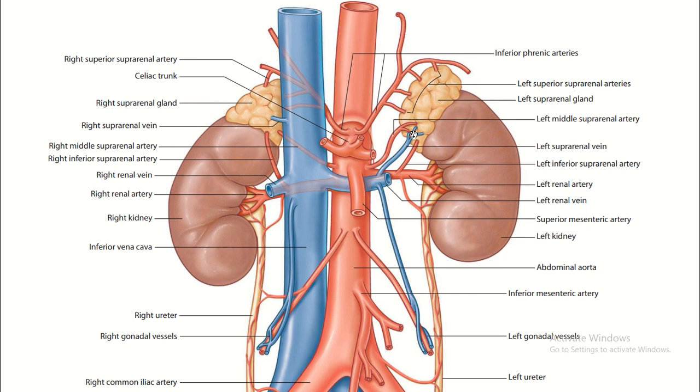But take note of this: the left suprarenal vein drains into the left renal vein, while the right suprarenal vein drains directly into your inferior vena cava. You understand? Good. So that is your blood supply. That's your venous drainage of your suprarenal gland.